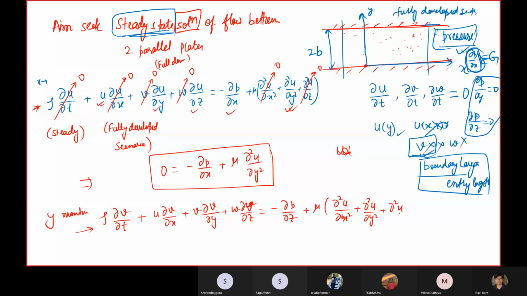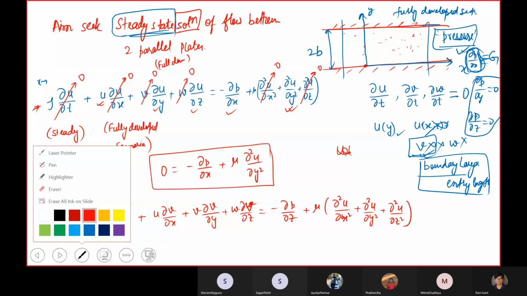If you think carefully, this is an unsteady term. This goes away since we are talking about a steady state solution. The u velocity times dv/dx, since the v velocity is not there, so there is nothing. Ignoring this, the v velocity is not there, the w velocity is not there.